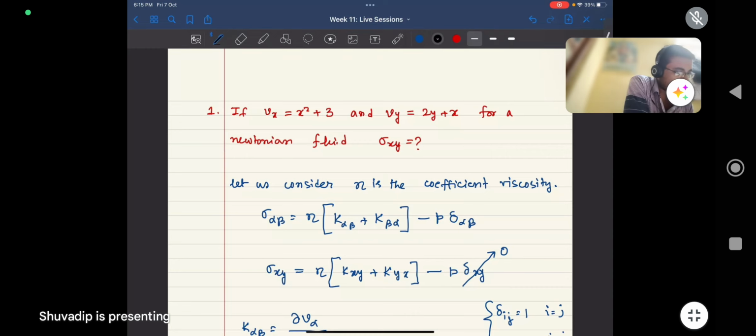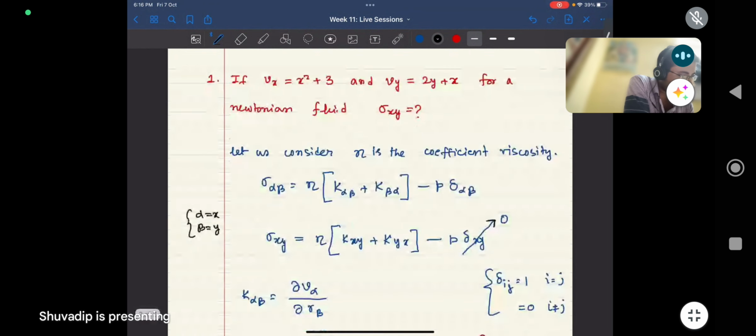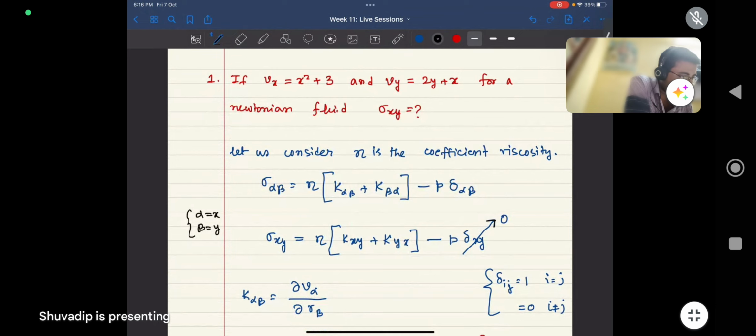We want to calculate sigma xy, with alpha the x component and beta the y component. The delta term will become 0 because delta xy is 0 by the property of the delta function, and there will be two terms, kappa xy and kappa yx.